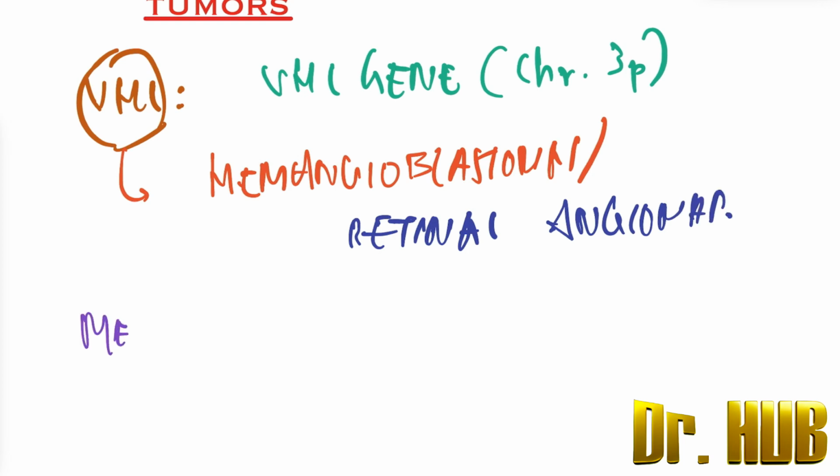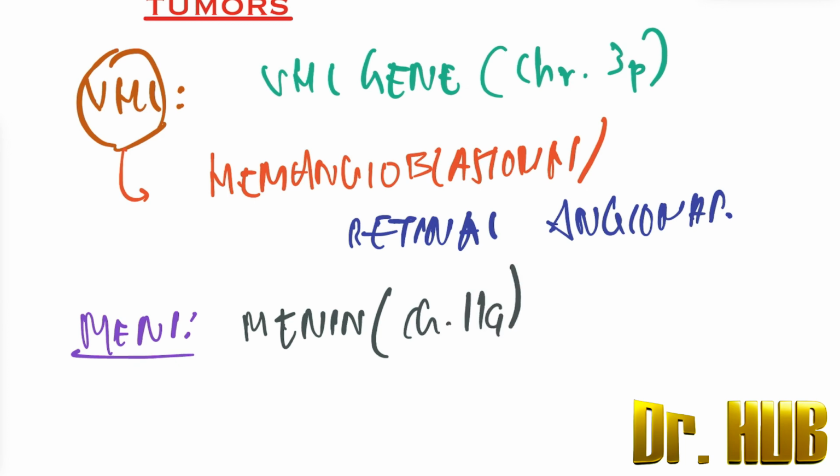Next is MEN1. Under MEN1, there is menin, on chromosome 11q. What are the tumors? They include pituitary adenoma, and also malignant schwannoma.